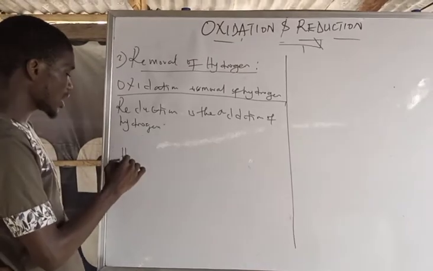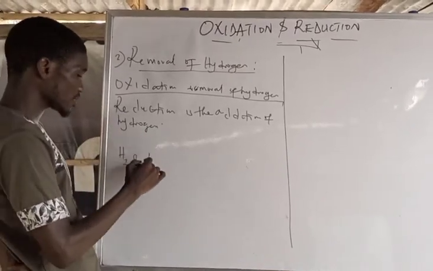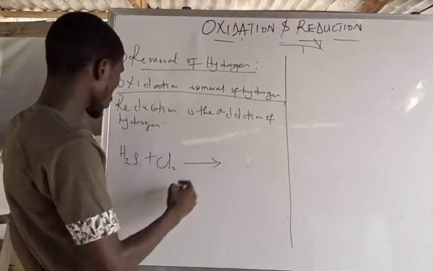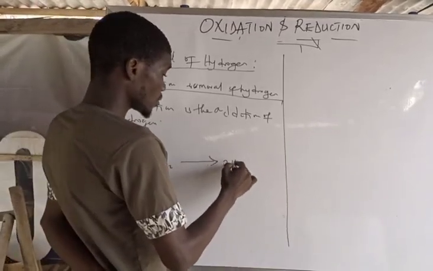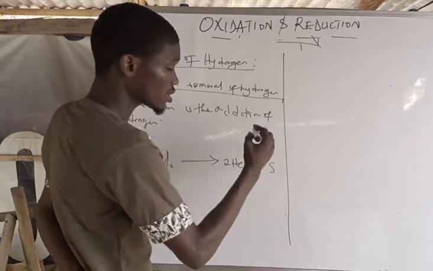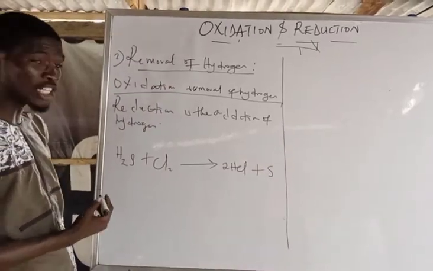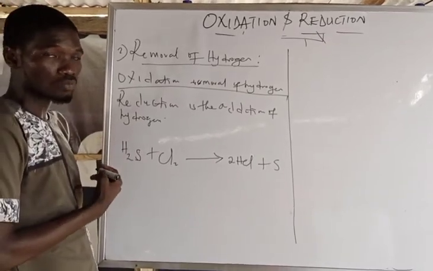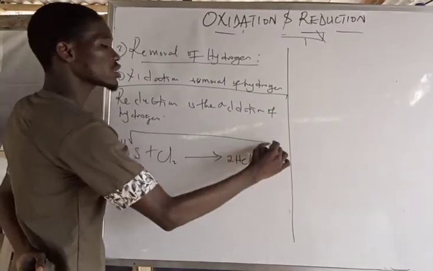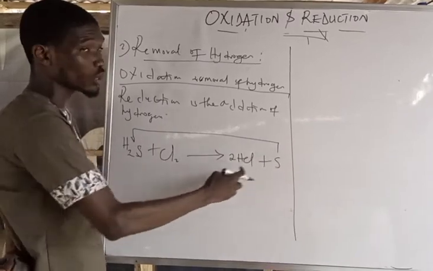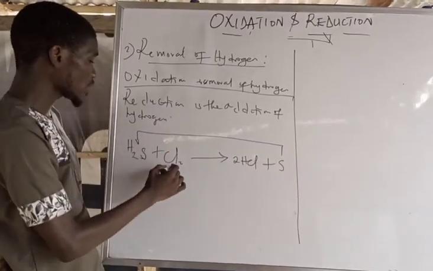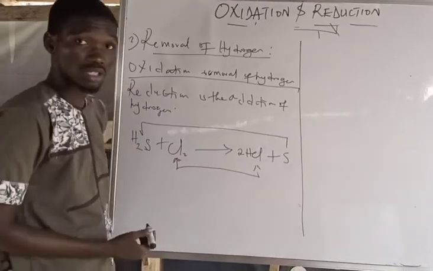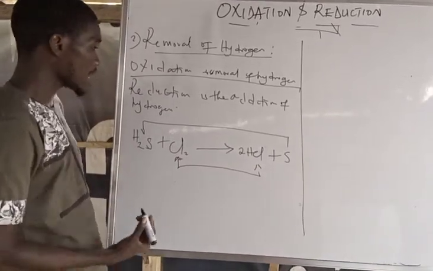I have hydrogen sulfide plus chlorine gas, and we have this plus sulfur. Mind you, if you are given a question like this, be careful. This is being oxidized to give us a yellow sulfur, while this one is being reduced to give us this.